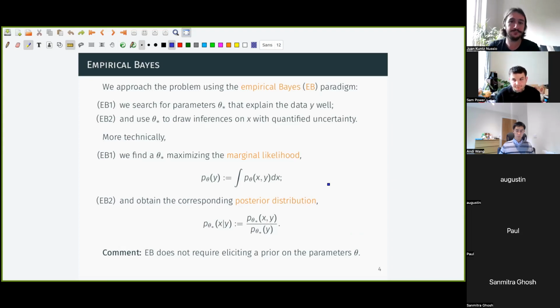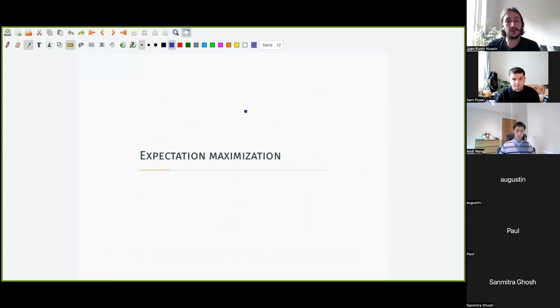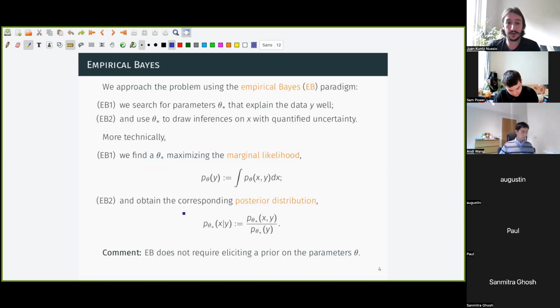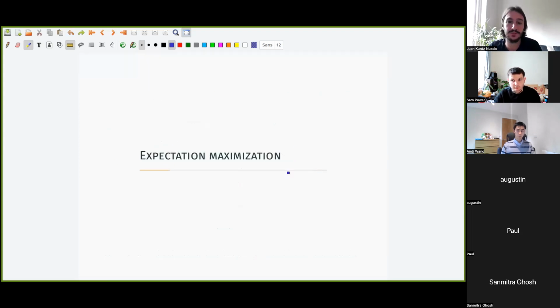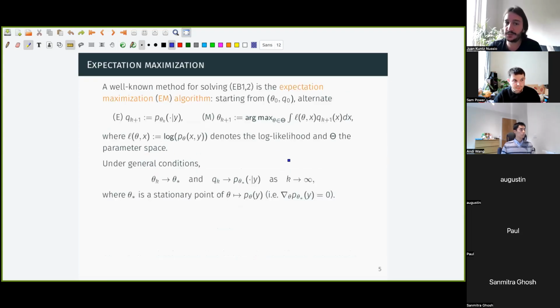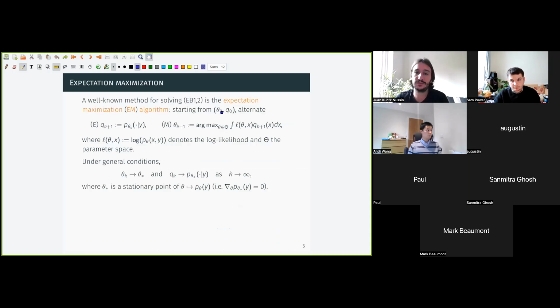Okay, so probably the best known algorithm for carrying out this program, for finding these optimal thetas and the corresponding posterior, is the EM algorithm, or expectation maximization algorithm. And it's pretty simple. You start from some guess of what the parameters might be, and a guess of what the corresponding posterior might be, and then you alternate these two steps, the E step and the M step.